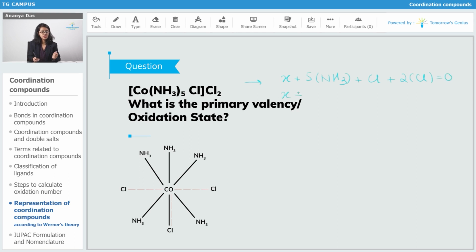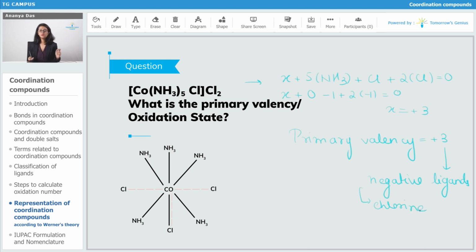So X plus 0 minus 1 plus 2 into minus 1 is equal to 0. So X is equal to plus 3. Here also the primary valency is coming out to be 3, and again it is satisfied by negative ligands, which is chlorine in this case.